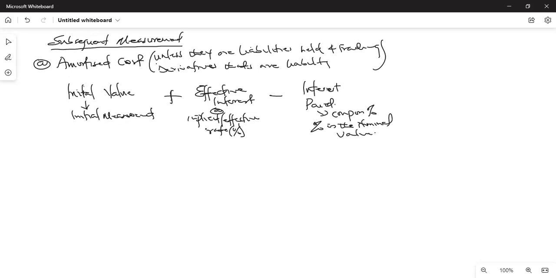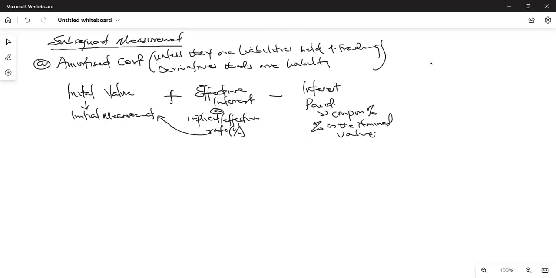The rate on the initial measurement will be your opening value. So the effective rate is on this initial, but the payment is on your coupon percent on your nominal value. Take note of that, all right?